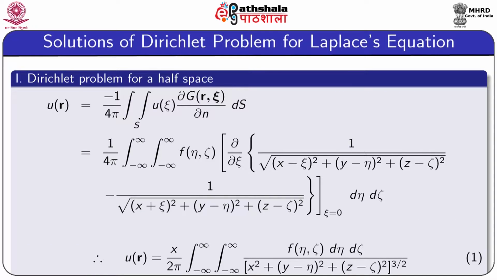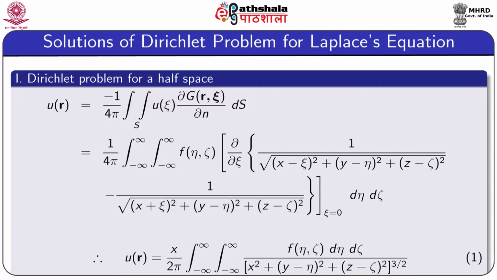To find the solution of Laplace equation in terms of Green's function, it can be written as u(r) equals minus 1 by 4 pi, surface integration of u del G by del n dS.